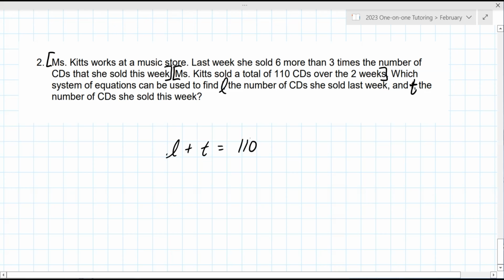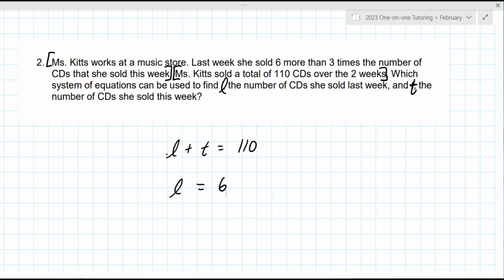And then for the second one, L equals 6T, plus 3.